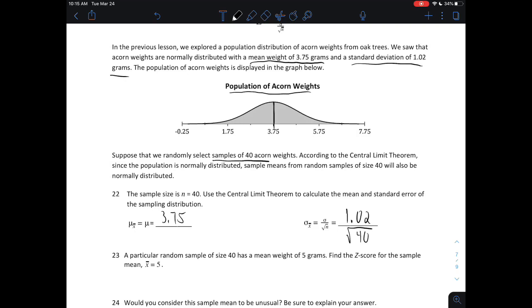So I would suggest find the square root of 40 first. You can write that down separately, or if you're using a graphing calculator, you can put this all in at once: 1.02 divided by the square root of 40. And if we round to 3 decimal places, we get approximately 0.161.